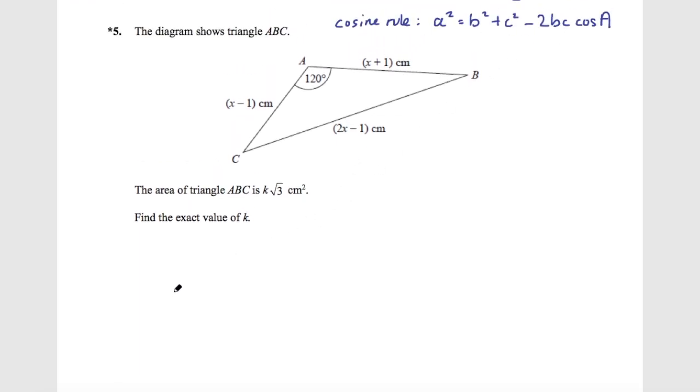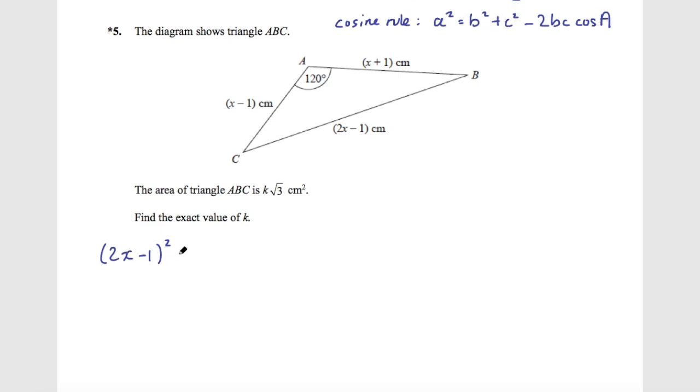So using this cosine rule, this has to be cosine A because this relates to angle A. So side a must be opposite angle A. So in this formula, I need to use 2x minus 1 as a. I'm just taking these side lengths and plugging them into this formula.